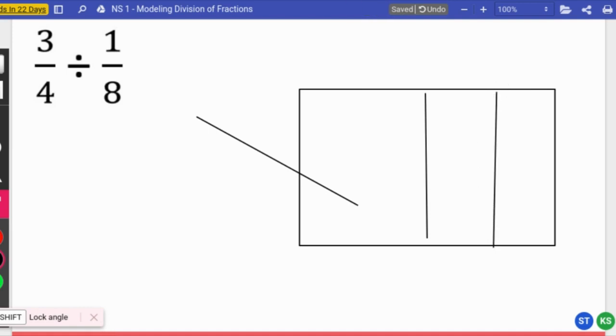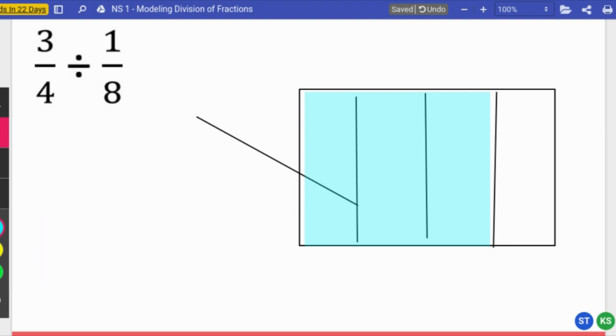And then I'm going to shade in 3 of them so that I have 3/4, which is the amount that I have to start with. Then I want to find out how many 1/8 are in 3/4. That's really hard to tell when I'm dealing in fourths and not eighths.